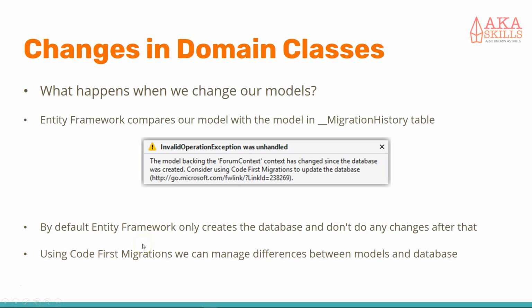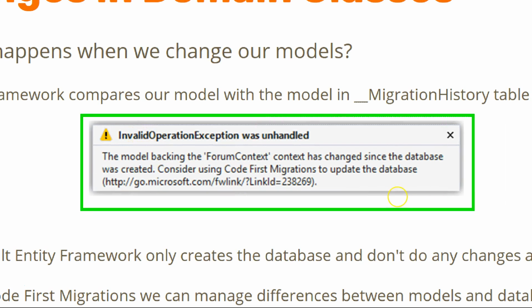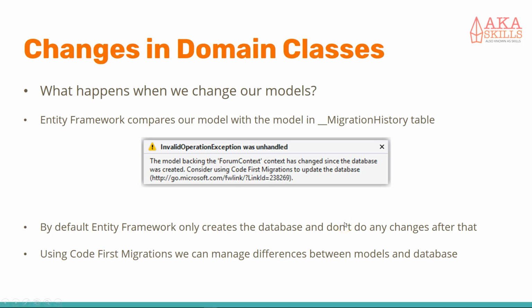So, using code-first migrations, we can manage the difference between models and database. Here you can see what happens if you change the model and this is not updated inside your database. You receive an invalid operation exception. And for this, code-first migrations come in, where they can automatically migrate tables for us and update them.